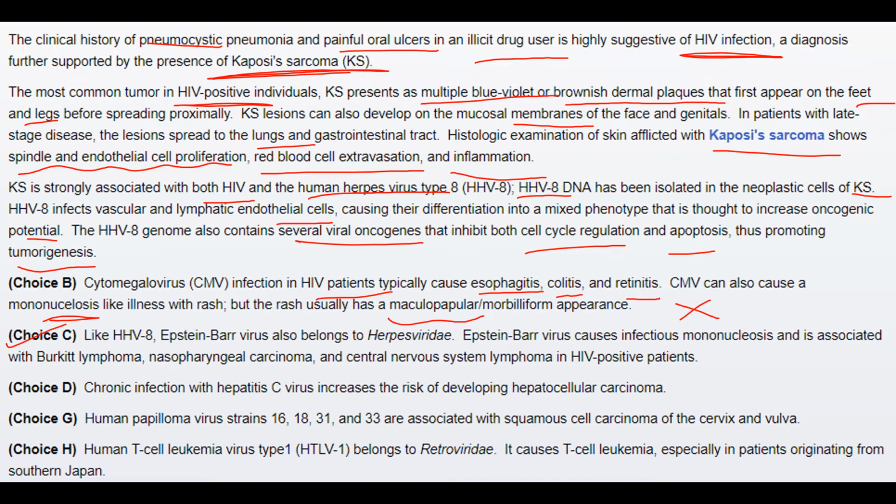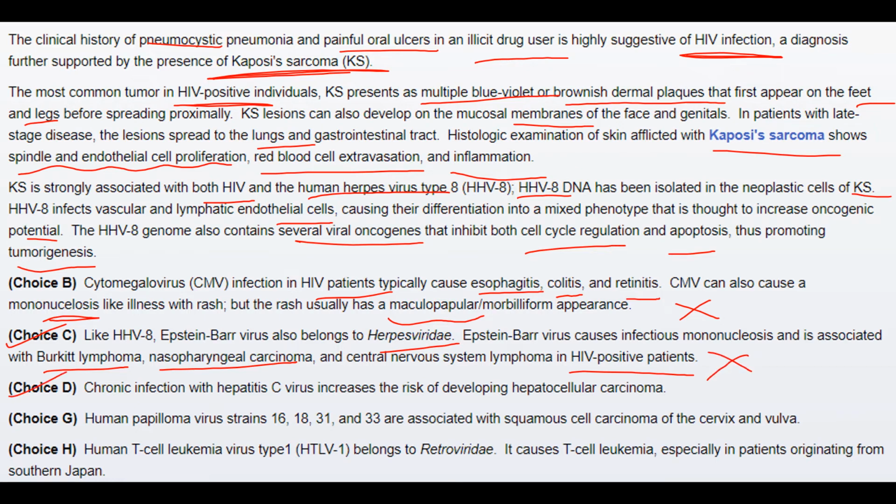And choice C, like HHV8, Epstein-Barr virus also belongs to the herpesviridae family. Epstein-Barr virus causes infectious mononucleosis and is associated with Burkitt lymphoma, nasopharyngeal carcinoma, and central nervous system lymphoma in HIV-positive patients. Hence, it was not appropriate.